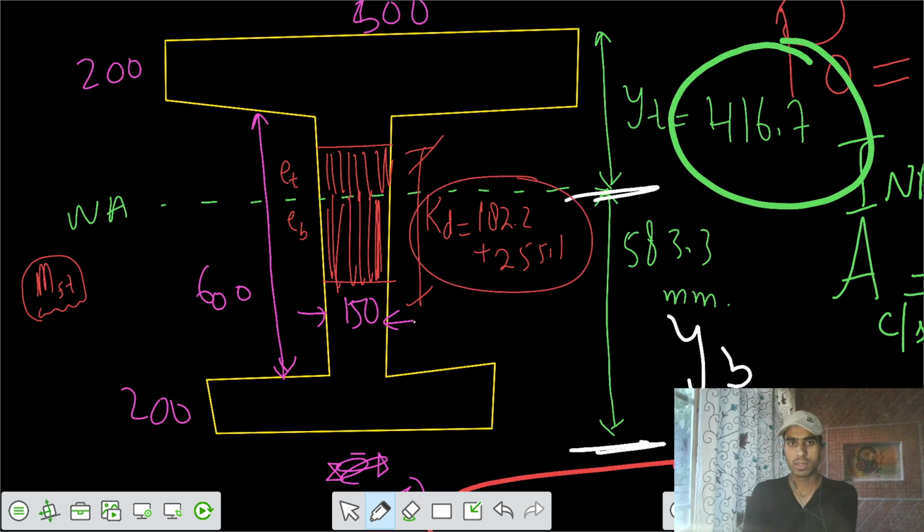So if your C force passes in this range, you would have no tensile stresses in any fiber of the cross section.